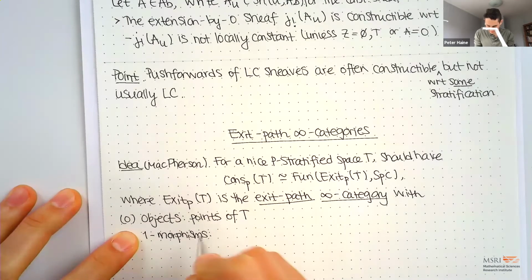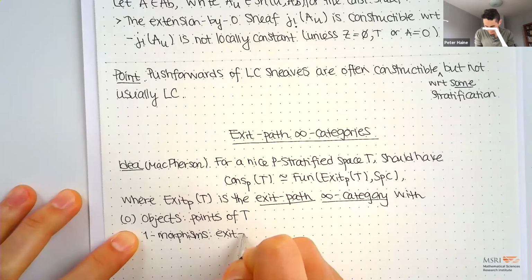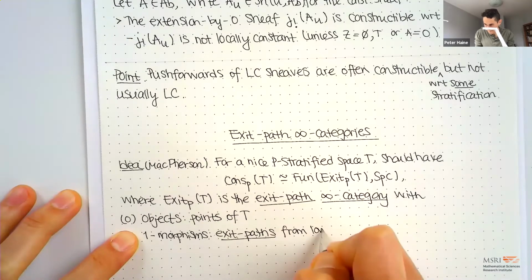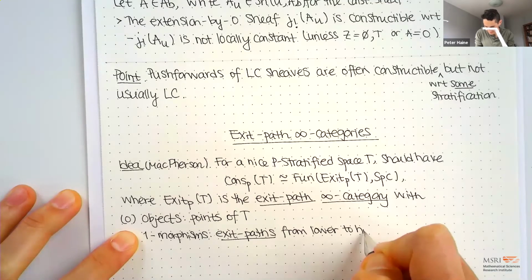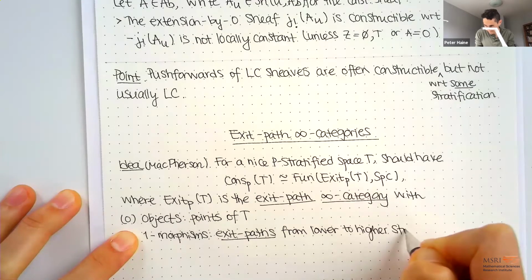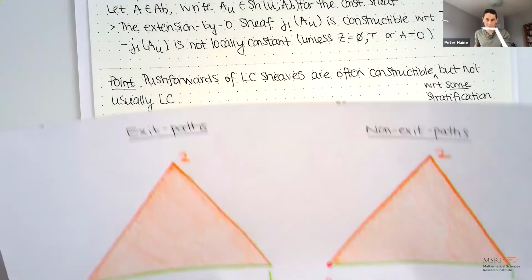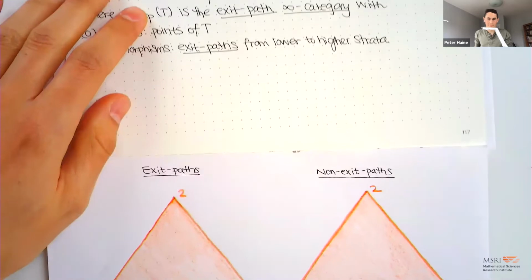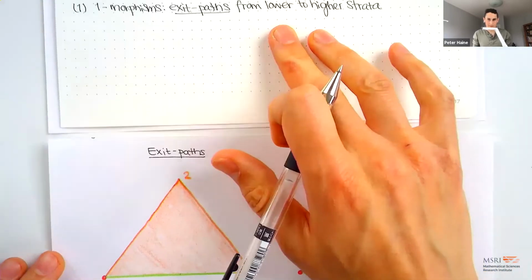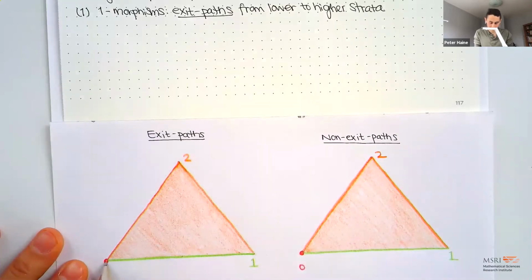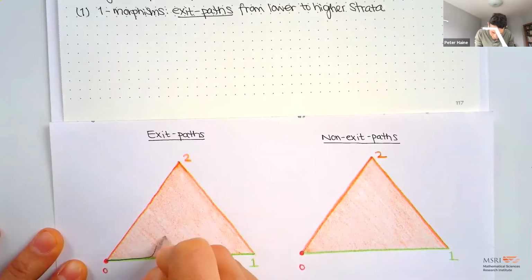I'll explain what this means: exit paths from lower to higher strata. Let me get a picture to explain. Something that would be allowed is, I start in this 0th stratum, and then I go along the 1 stratum a bit, and then I exit to the 2 stratum.